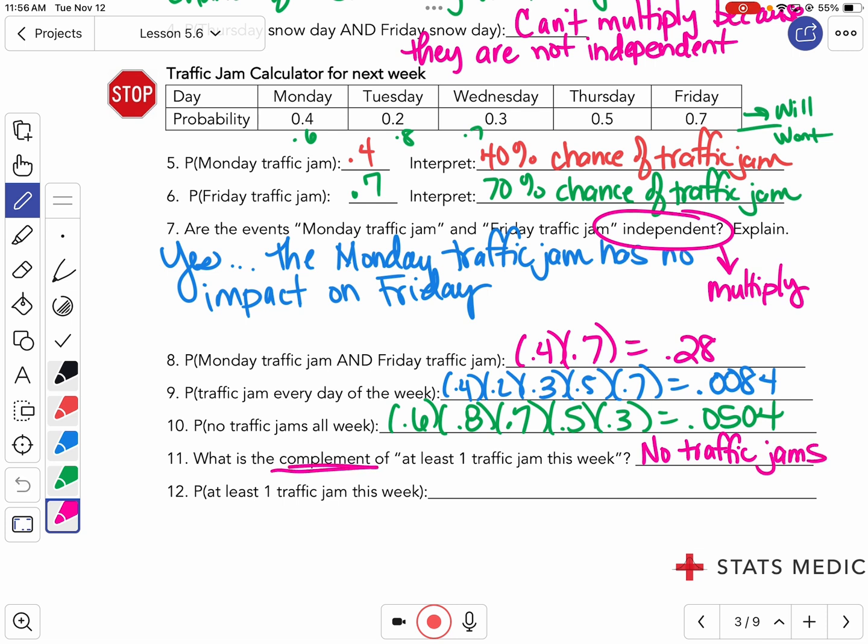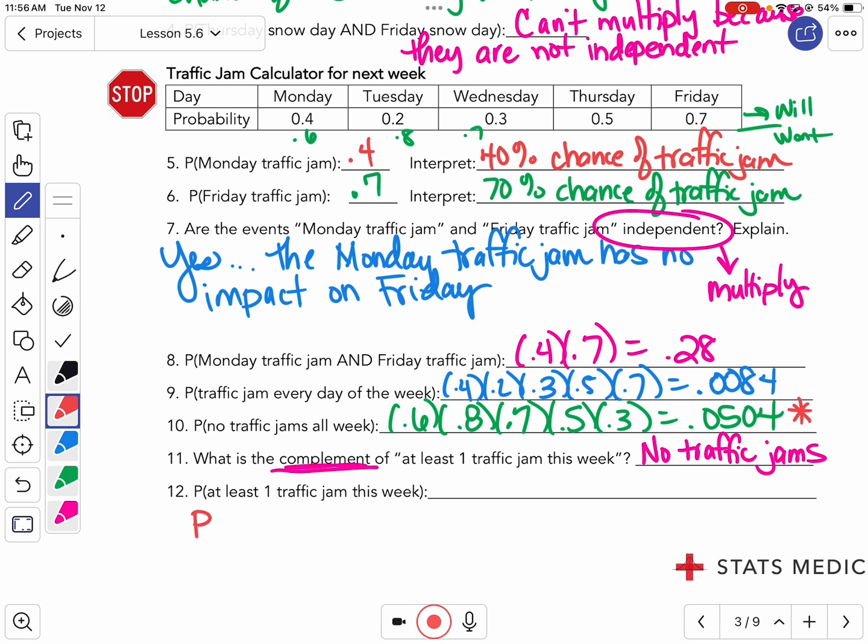So when we talk about the complement, it's the no. So here's a probability we want to find. We want the probability of at least one traffic jam this week. Well, I know the complement is none. And I also found the probability of none is right here.